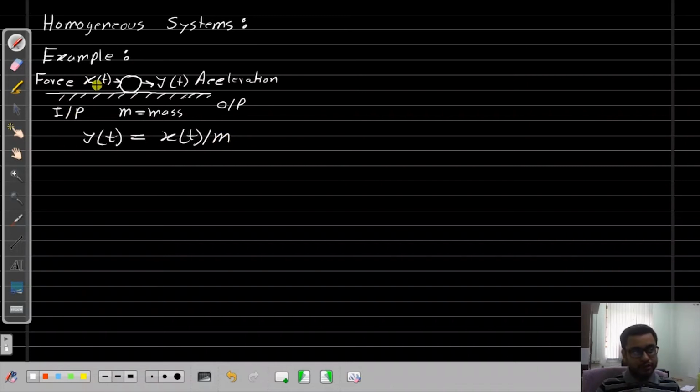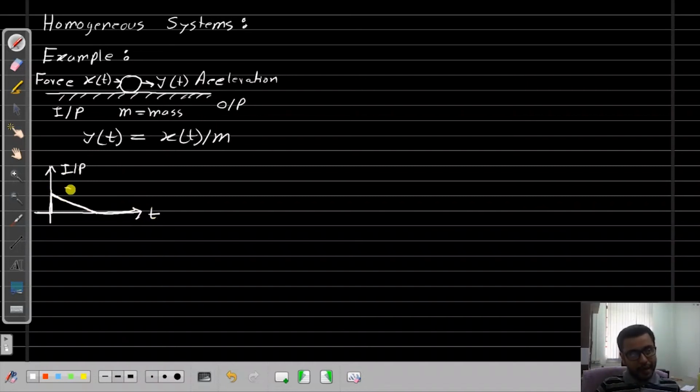Now the input can take different patterns. It can vary differently with time. Accordingly, output will also change differently. For example, if say the input is changing like this, it is 0, then increases and decreases. This is input versus time.